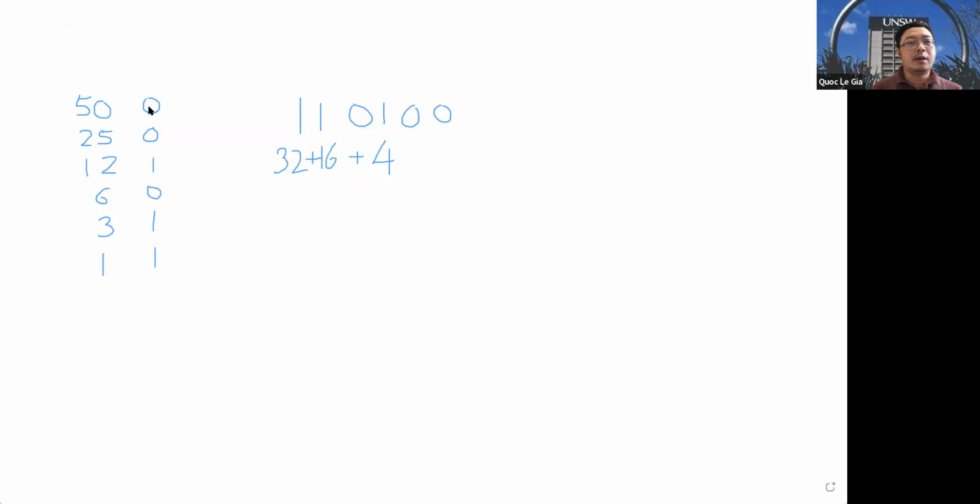So 50 divided by 2 is... yeah, we missed one column. Okay, so let me do this calculation again. So this one should be 50, you divide by 2, then you got 25.